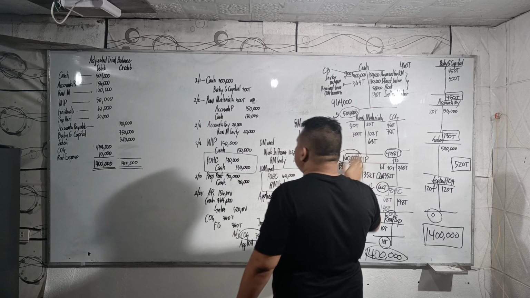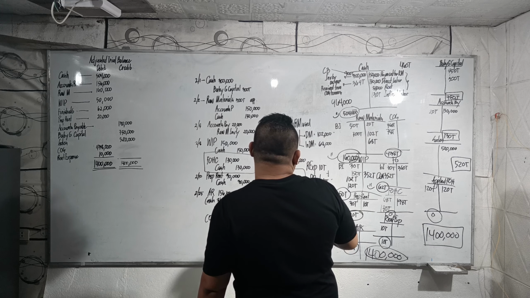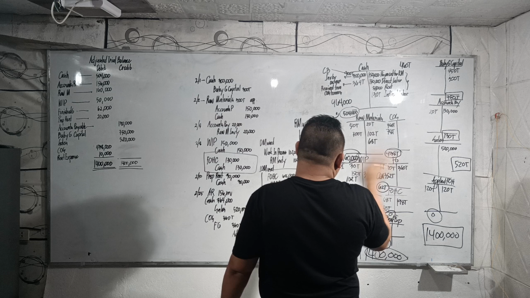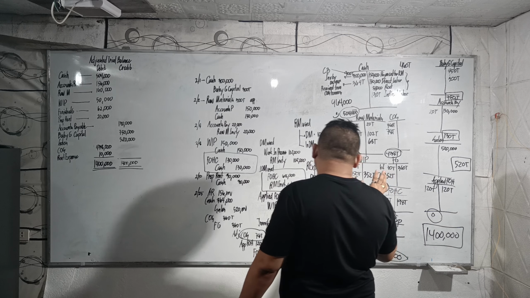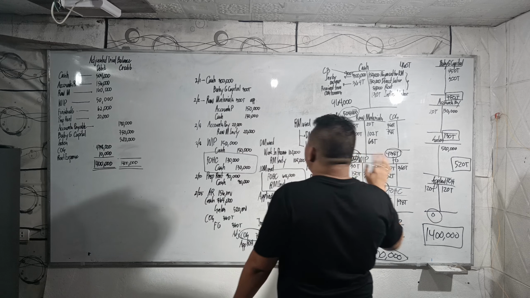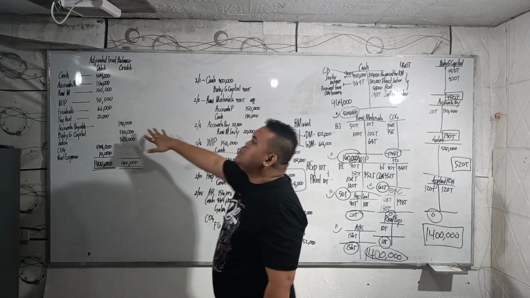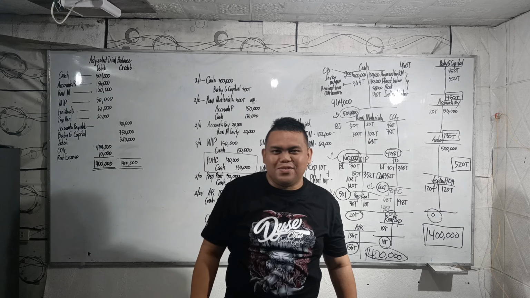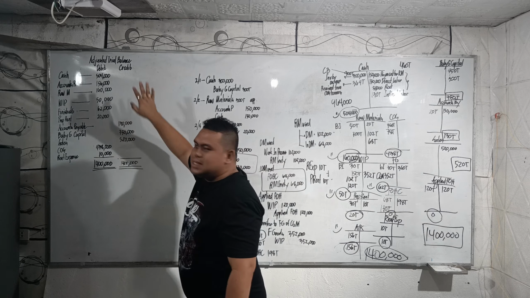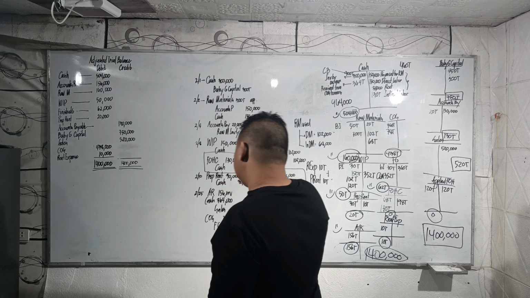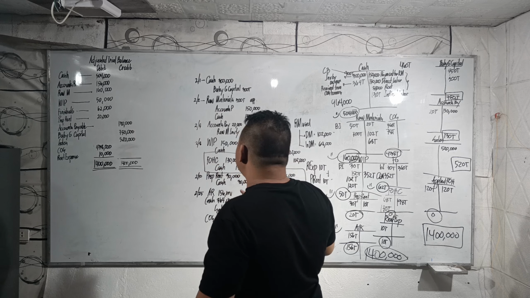We have not posted it. Supposedly, we have to post it, but we did not. Somewhere there, I have forgotten the amount. So, if only one of the sides has not been posted, it will be detected in the adjusted trial balance, of course, because it will not be balanced anymore. Okay? So, you just have to get the difference.